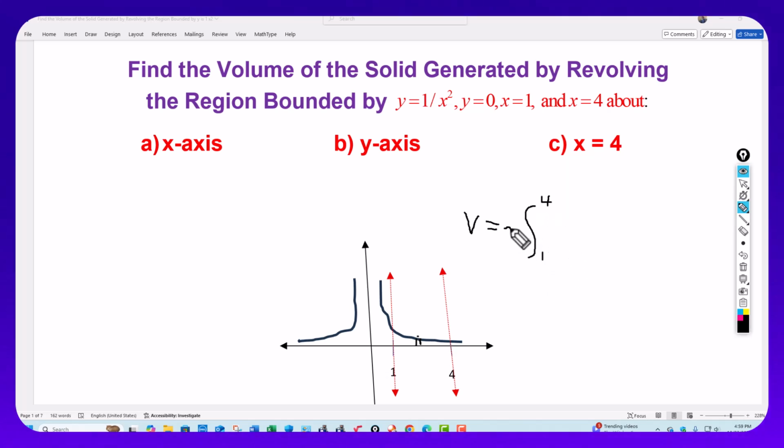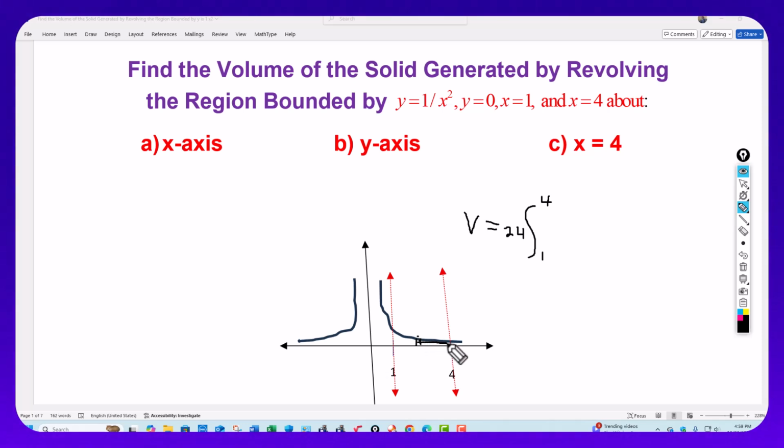I have the 2 pi out here. So what do I need here? I need the radius. So the radius is going to be the distance from the axis to the center here.